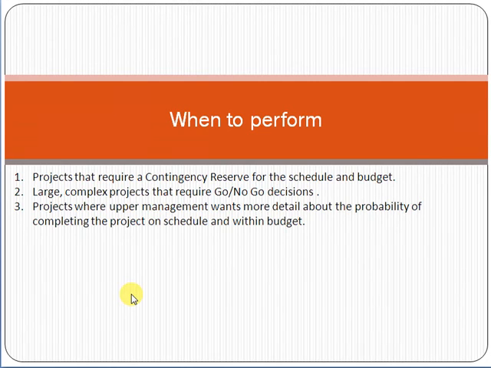Normally, when we have large, big or complex projects, we use the approach of quantitative risk analysis. Also for projects where senior management wants detail and wants to analyze, in that scenario we normally perform quantitative risk analysis.